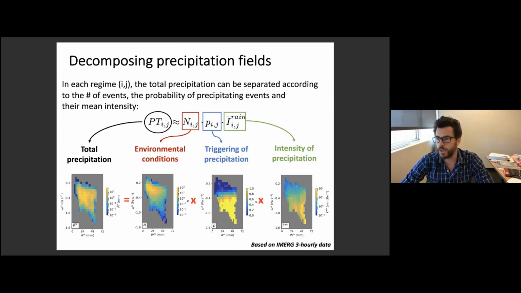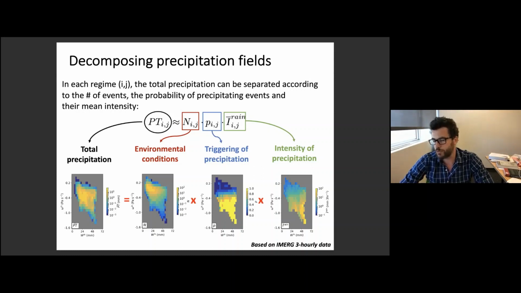As omega goes to larger, more negative values, the movement is upwards, and then the probability increases. And for omegas lower than -4, we always get precipitation. This is what this term is telling us. And the last term tells us the intensity of the rainfall whenever an event occurs in each of the regimes.